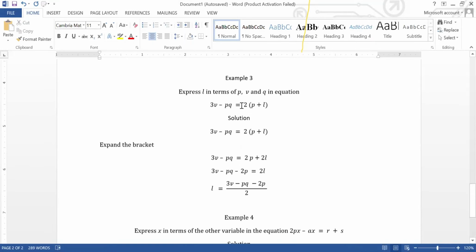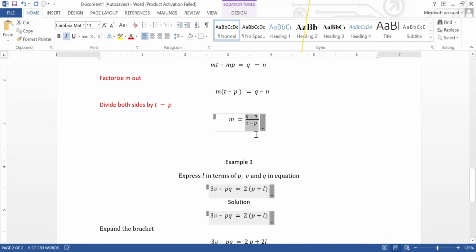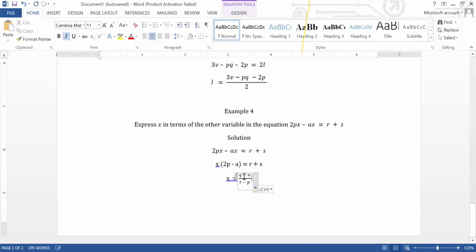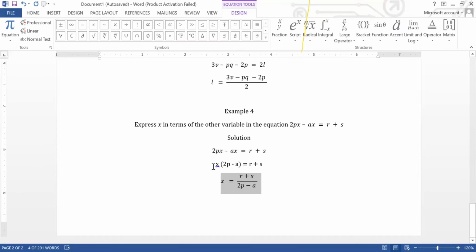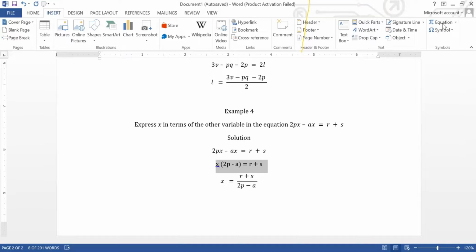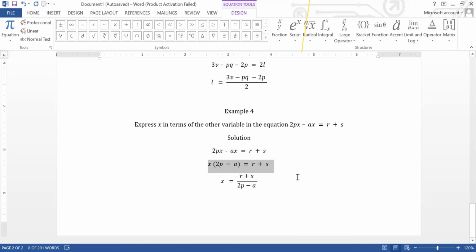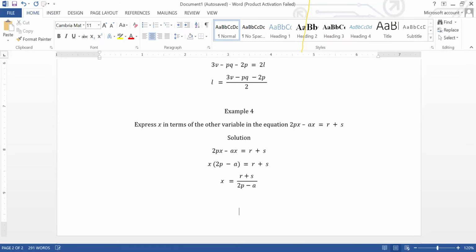You see, we are doing the same things. So you bring it down here, and then you have R plus S all over 2P minus A. And that is the answer for making X the subject. Oh yes, we are doing easier stuff, so that when we get to the hard stuff, I can stress the reason why I had to do this one.